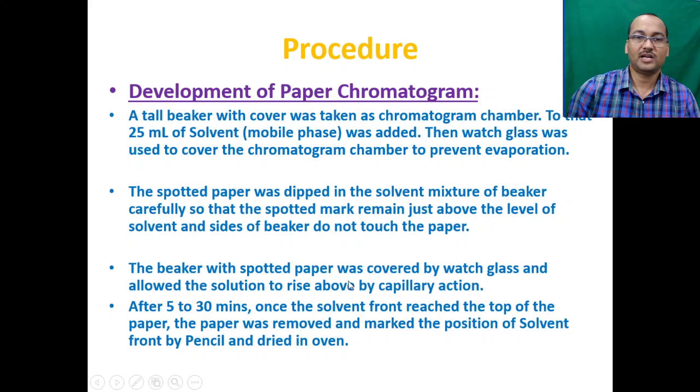The beaker with spotted paper was covered by the watch glass and the solvent was allowed to rise by capillary action. After 5 to 30 minutes, once the solvent front reached the top, the paper was removed, the position of the solvent front was marked by pencil, and the paper was dried in an oven.